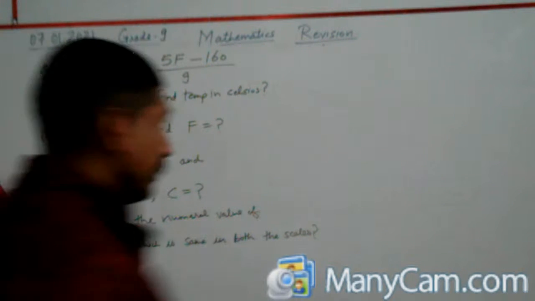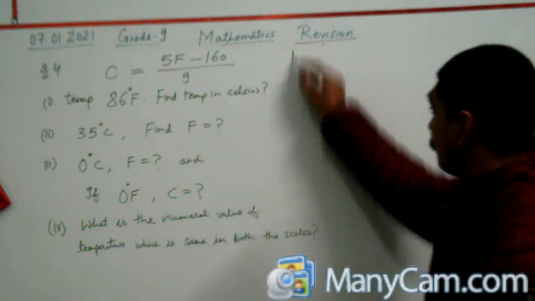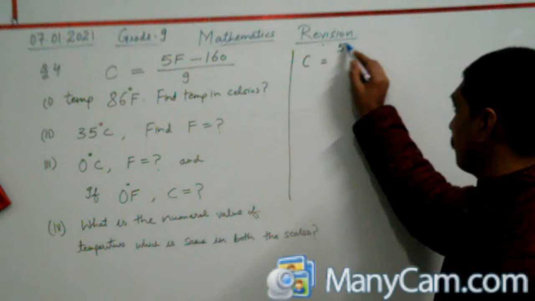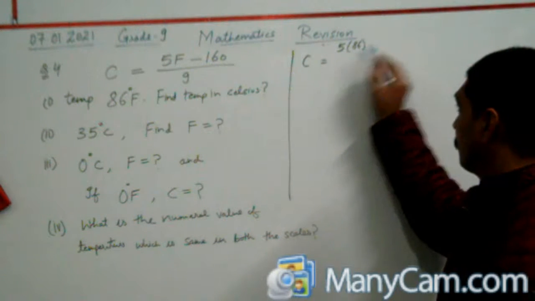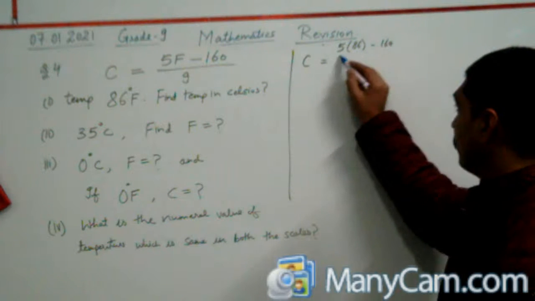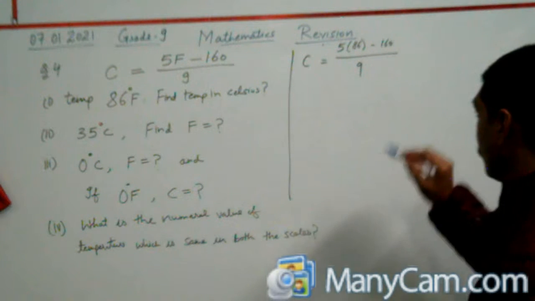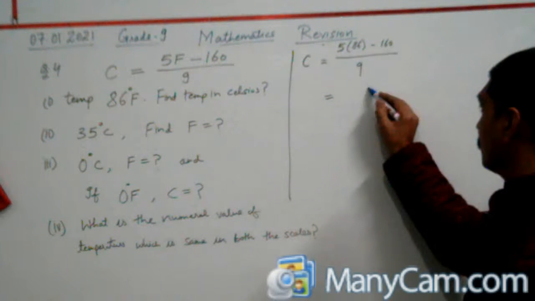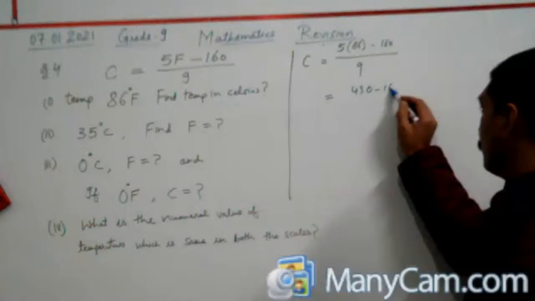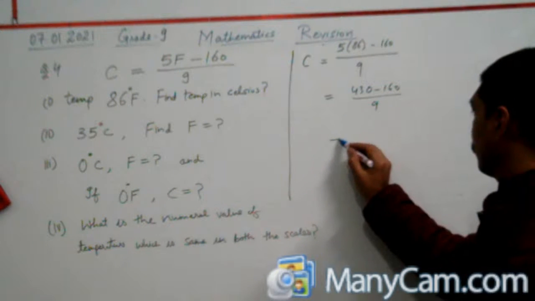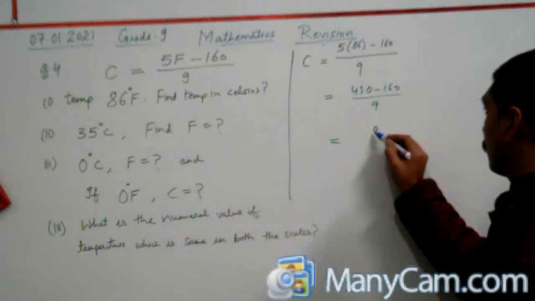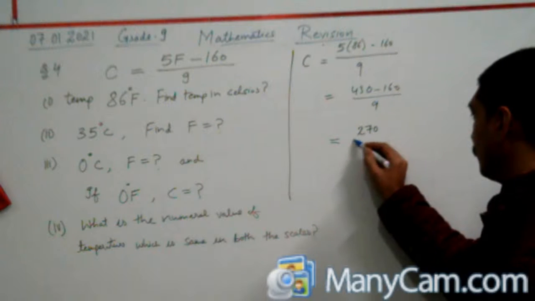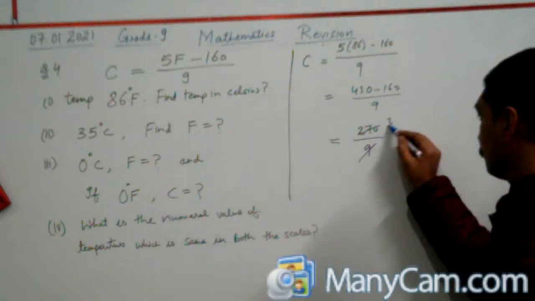So here, the first part: Celsius is equal to 5 times (Fahrenheit, which is 86, minus 160) divided by 9. So 5 times 86 is 430, minus 160 is 270, upon 9. 9 times 3 is 27.